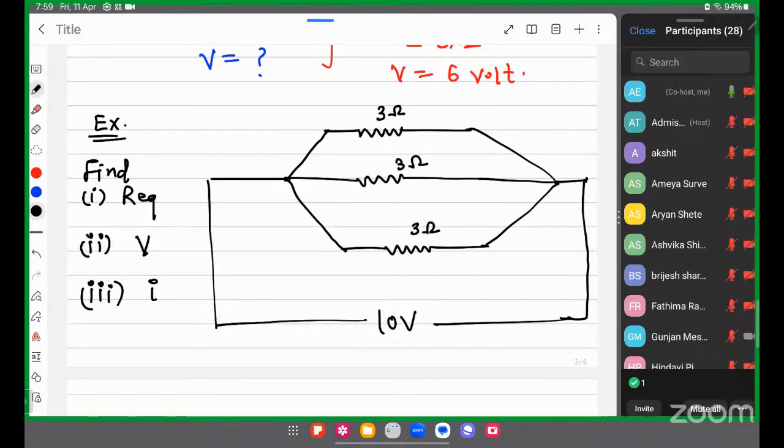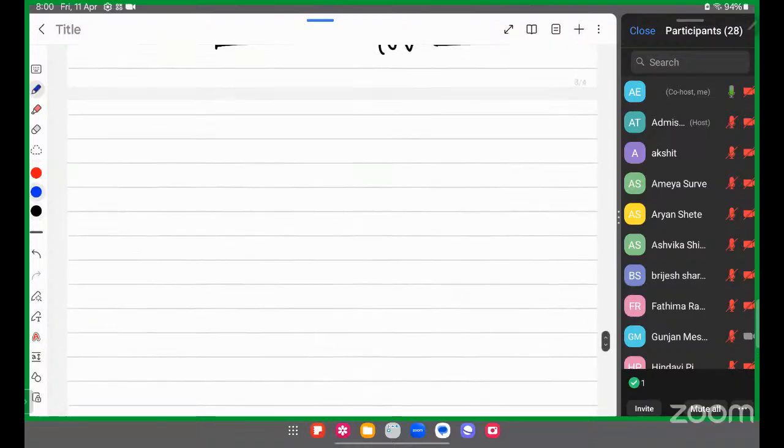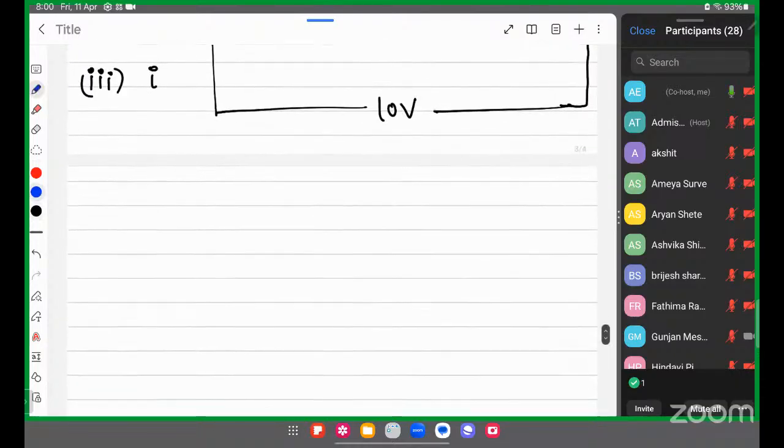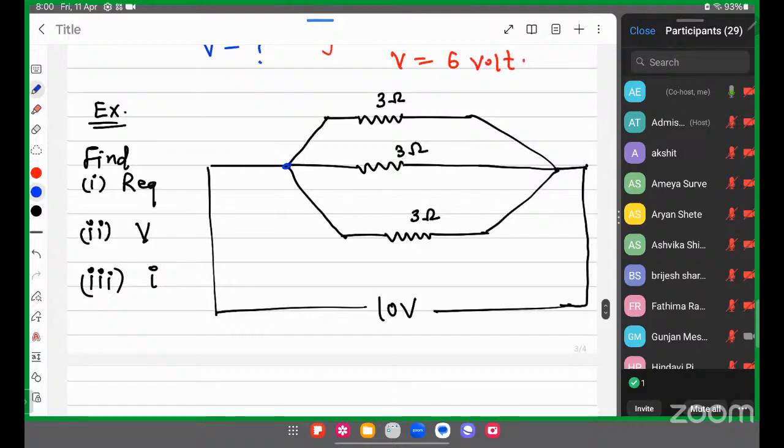So first of all, we will work on net resistance. In this case, we have a parallel combination clearly, because from terminal point A, there are different wires which are coming out, and then finally all these wires are going to point P. So this type of arrangement is a parallel combination.